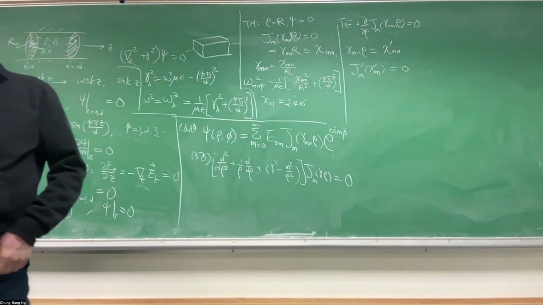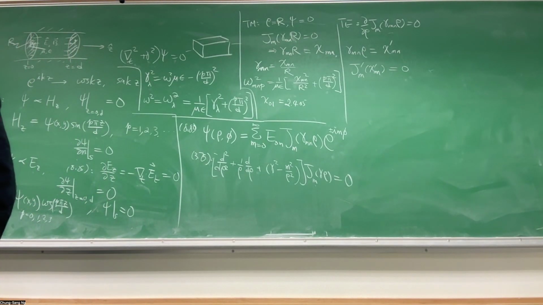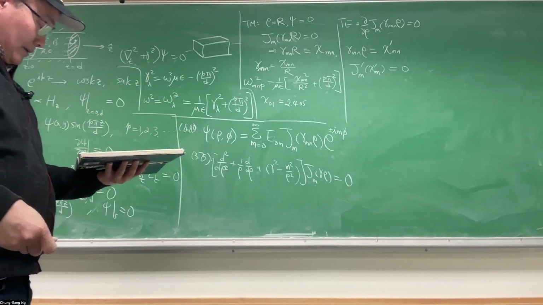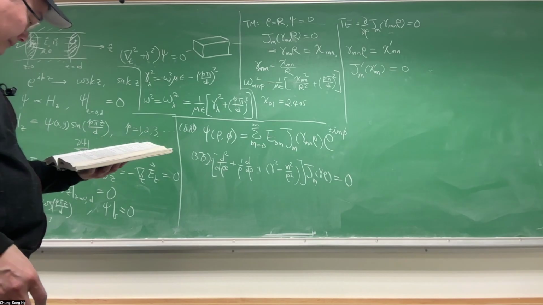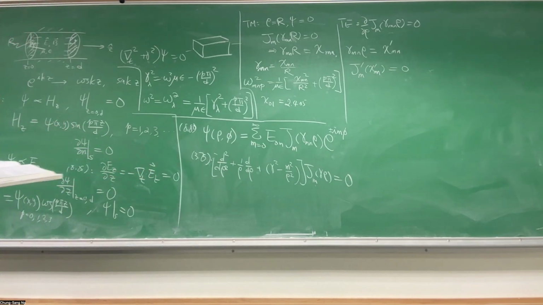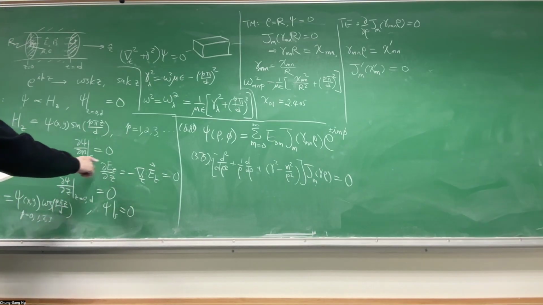Okay, and the table is in section 8.7, below 8.82. You have a list of that x prime mn. In this case, the lowest mode actually turns out not to be at m equals 0. So this is the TE mode.